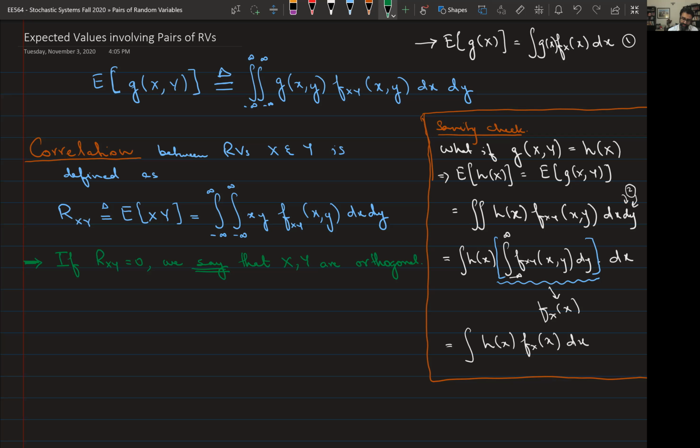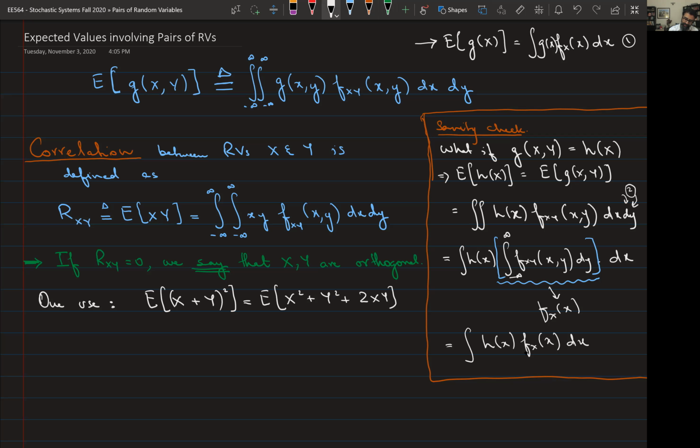And one use could be, if I ask you to find expected value of x plus y whole squared, what is this going to be equal to? I can just expand the squared, and this is expected value of x squared plus y squared plus 2 times xy.